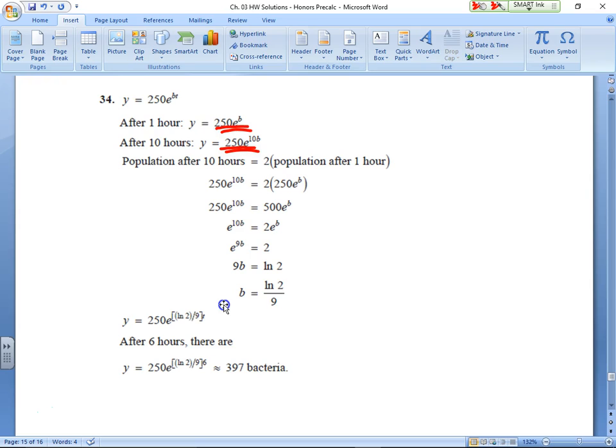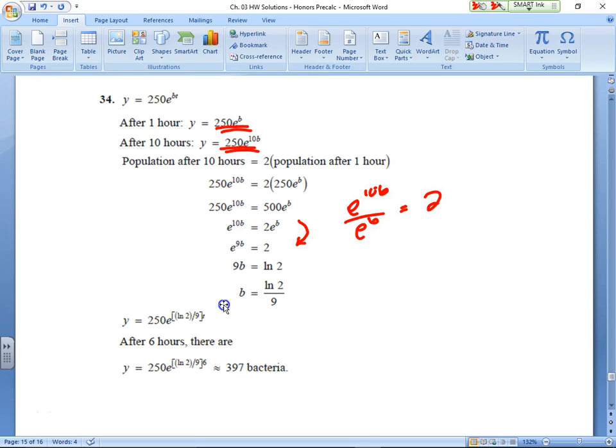It was a little tricky because you had exponential pieces on either side, right? But we can deal with that because we can divide. This in-between step might have been a little tricky: e to the 10b over e to the b equals 2. How do we put these together? Dividing like bases, you subtract the powers. So 10b minus 1b is 9b.